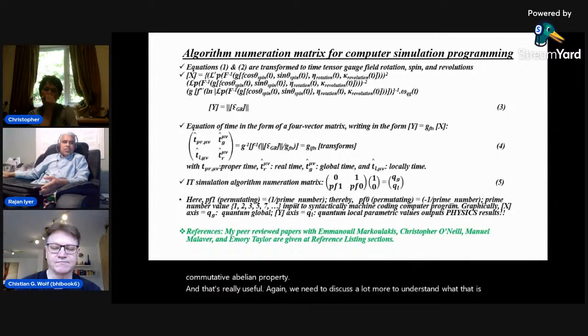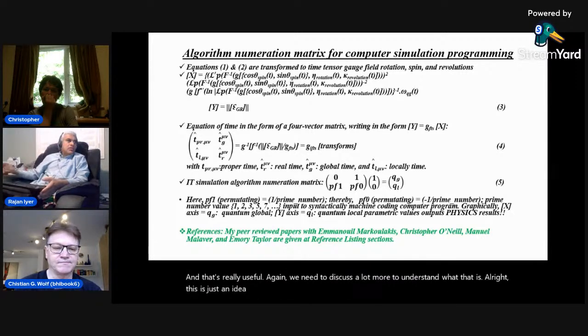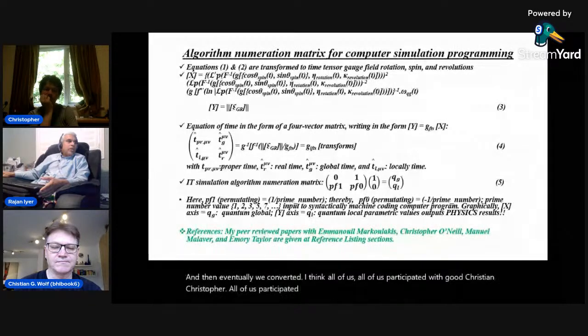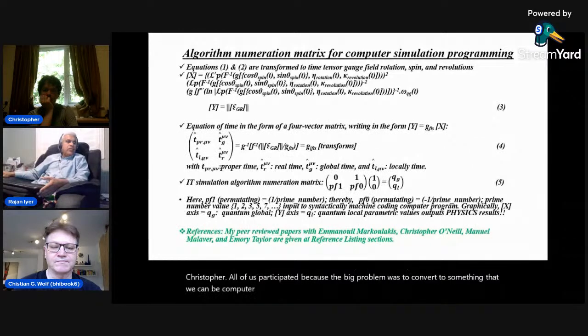All right, this is just an idea that comes from these conjectures, and then eventually we converted that. I think all of us participated, with Gerd, Christian, Christopher, because the big problem was to convert to something that can be computer simulated, and we converted that.